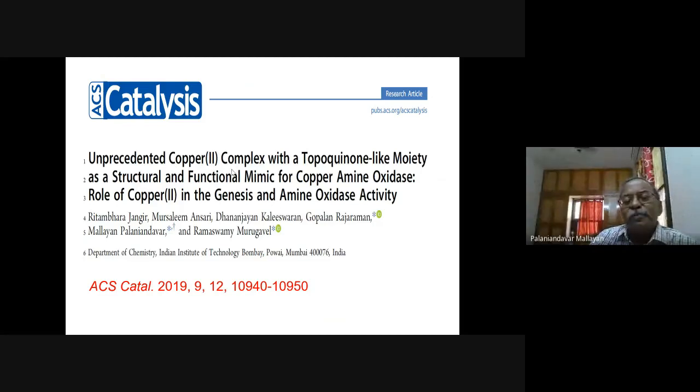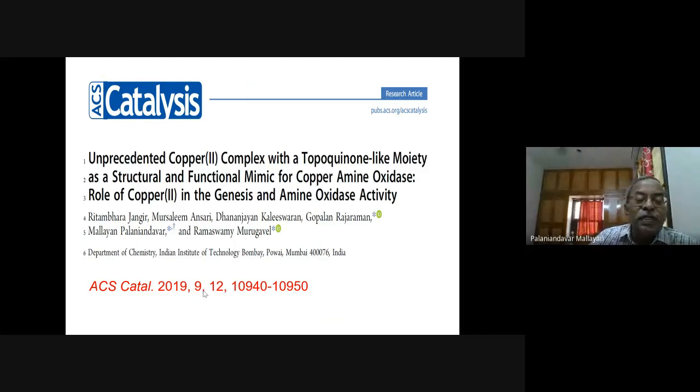In the absence of copper, the catalytic activity will be less, but in the presence of copper 2, we found the catalytic activity is enhanced. Within half an hour, the catalytic function will be over. We were able to demonstrate that this copper 2 also assists in the amine oxidase activity. So we demonstrated very well that both copper and the cofactor are involved in catalysis.